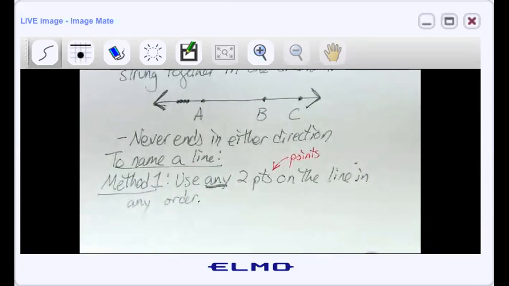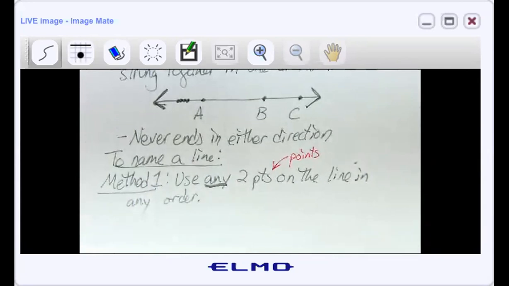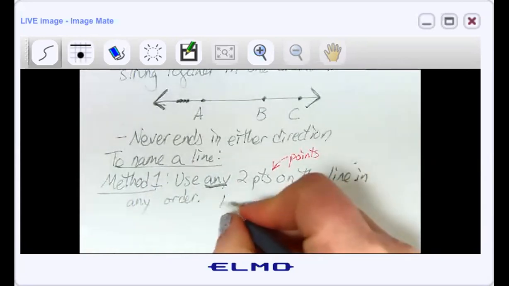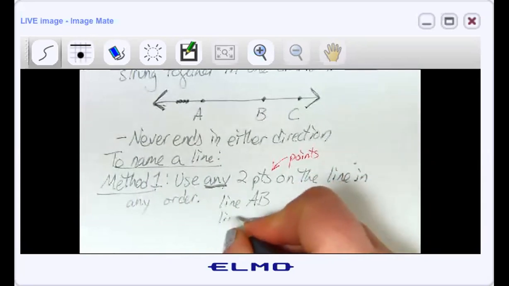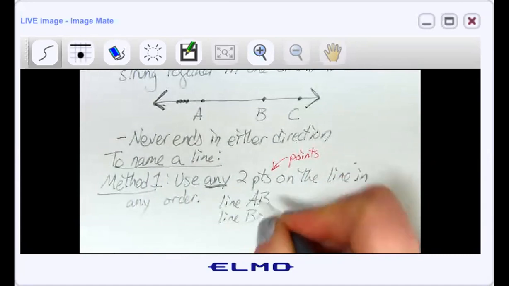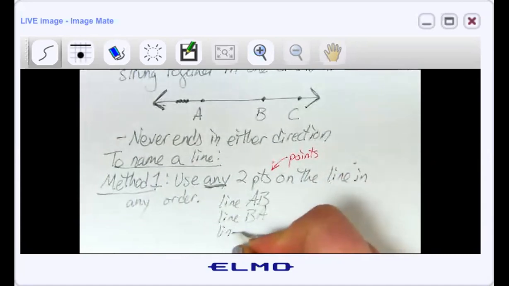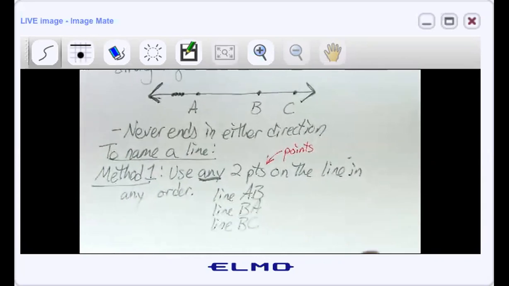So if I'm going to name that line above, I could write it out a few different ways. I could say line AB, like that. I could say line BA. I could use the C if I wanted, line BC. You're not going to use more than two, though. So you're not going to call this line ABC. You're only going to pick 2 points. That's all you need.